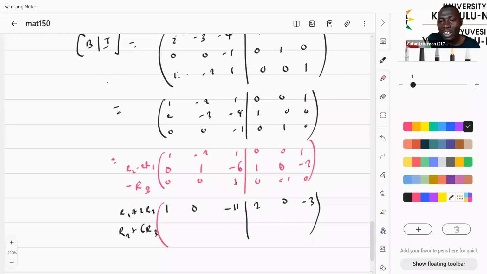If you multiply R3 by 6 now, it will be minus 6 plus 6. That will also give you 0. I hope you understand. And then this will be 0 plus 6 times 0. That is 0. 1 plus 6 times 0. That is also 0. Minus 6 plus minus 6. That will be, no.